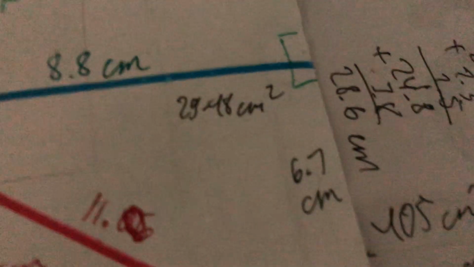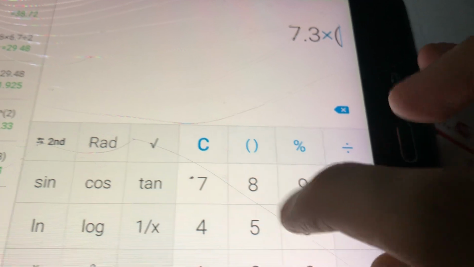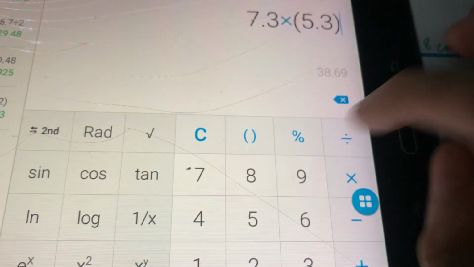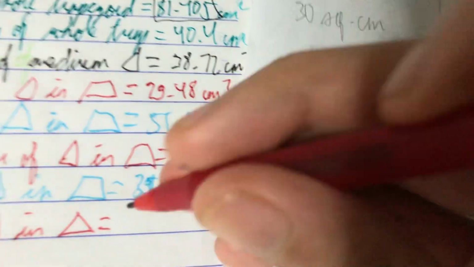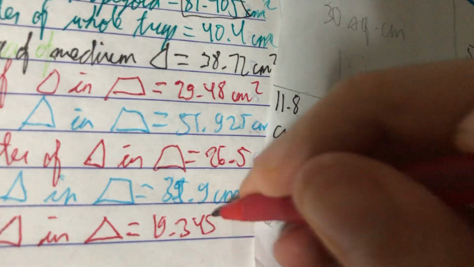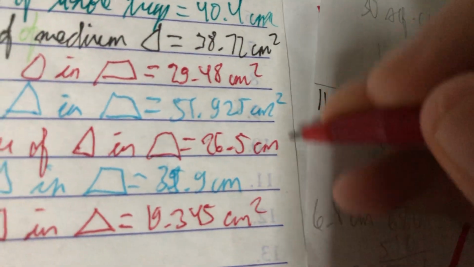Ayan, we're gonna have to solve for it first. So 7.3 times 5.3 divide by 2, we should get the answer of 19.345. So that's the answer. 19.345 cm squared. Now, that's the area.